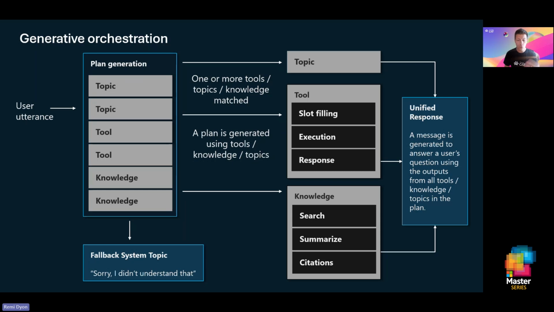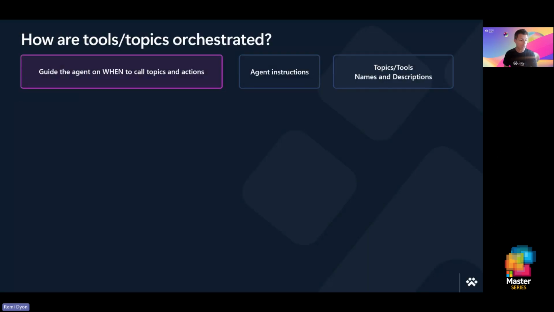So how are tools and topics orchestrated in generative orchestration? The description and the instructions of your different tools and topics are going to be key. So when you create an agent and it has to call other agents in a multi-agent architecture, you will have to write instructions. Those instructions are going to tell your agent when to call certain topics and actions and tools, including child agents or connected agents.